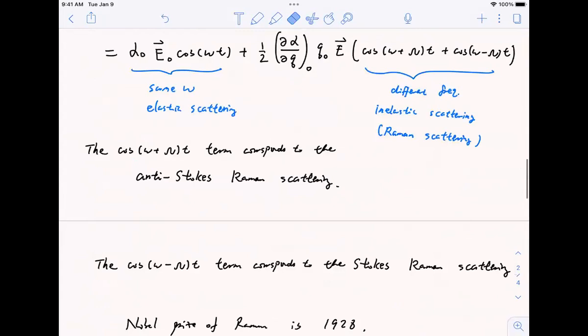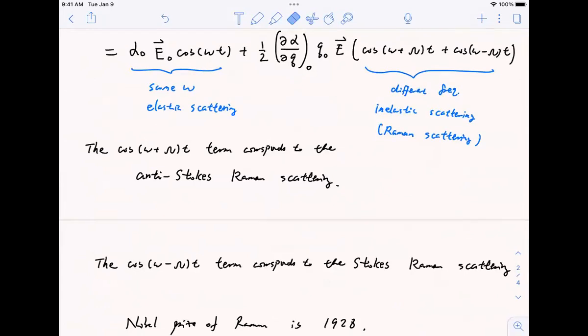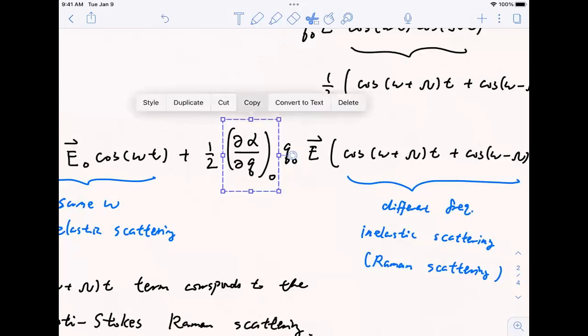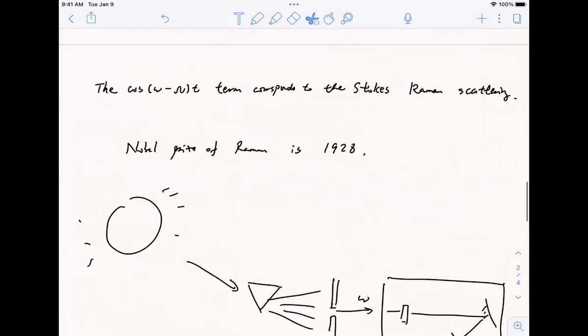So now let's see what decides whether a phonon mode is Raman active or not. It's completely decided by this thing. If this is 0, then it's not Raman active. If this is non-zero, it's Raman active. So let's write it down.